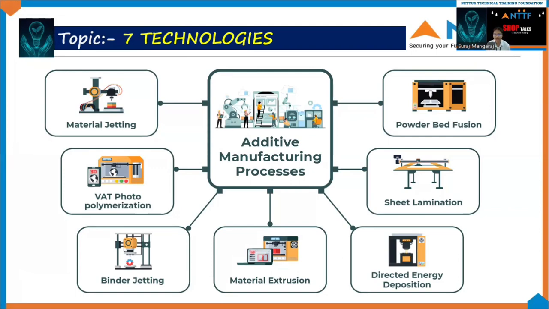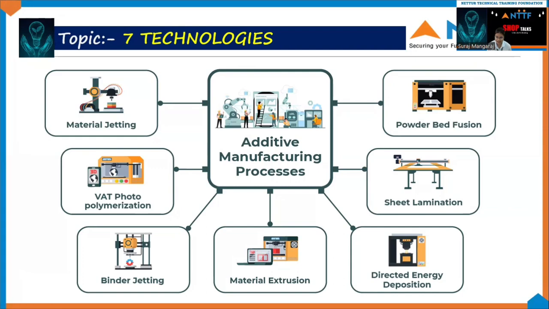Let us come to our next, directed energy deposition. In this process, metal is melted upon deposition with a laser or electron beam with powder. Then sheet lamination. In this process, metal sheets are used and laser beams are used to contour each layer of the process. Next, powder bed fusion. In this process, a heat source is used to solidify the material in powder form into a 3D model.